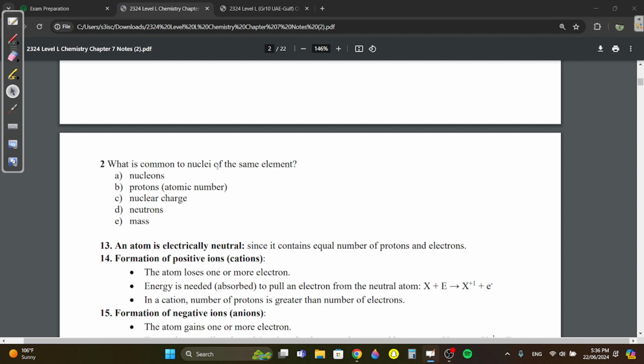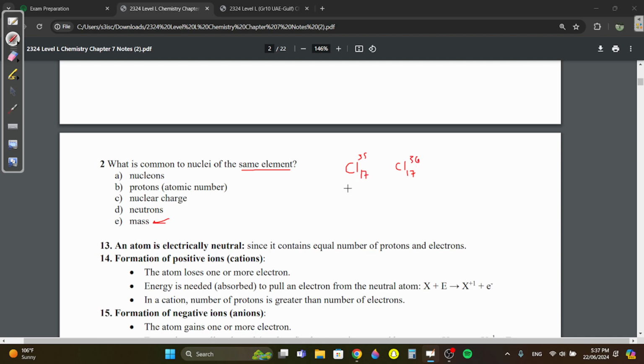What is common to nuclei of the same element? If they're the same element, what's the same? Obviously, since it's the same element, it's going to be the protons and the nuclear charge. If it's the same element, it doesn't necessarily mean they have the same mass. For example, chlorine-35 and also chlorine-36.